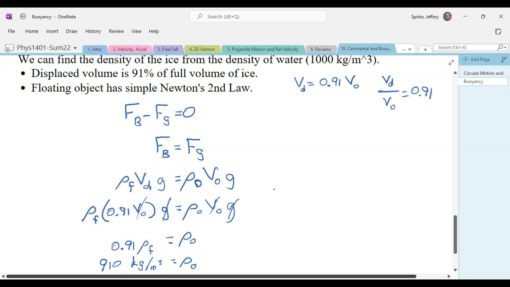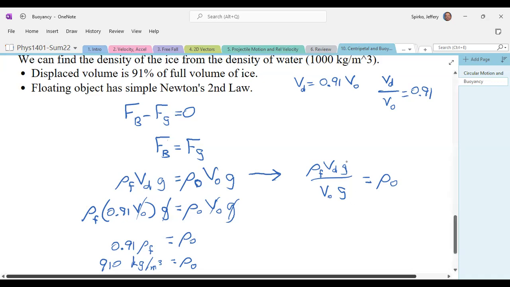The other thing we could do is we could just solve algebraically for density of the object. And that would be rho fluid V displaced G over V object G, because I'm solving for rho object, so I'm dividing by the two things that used to be multiplied by the object density.